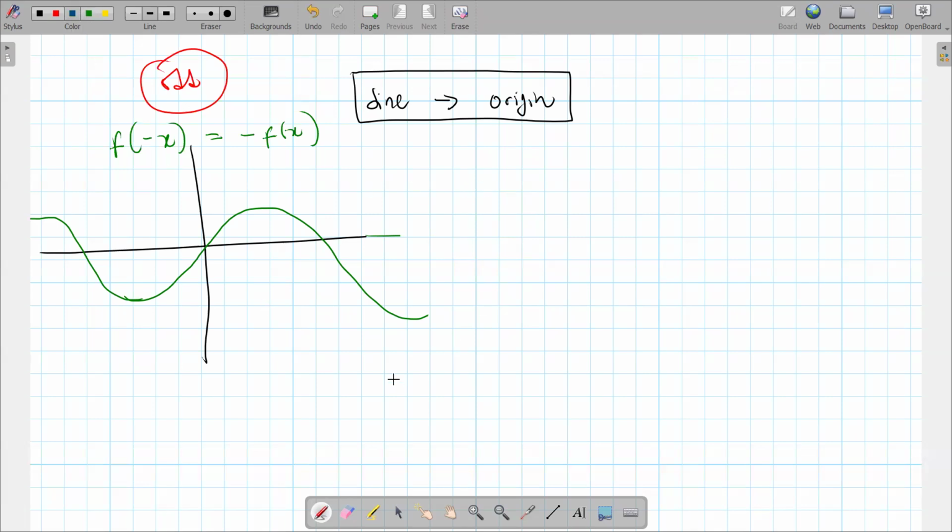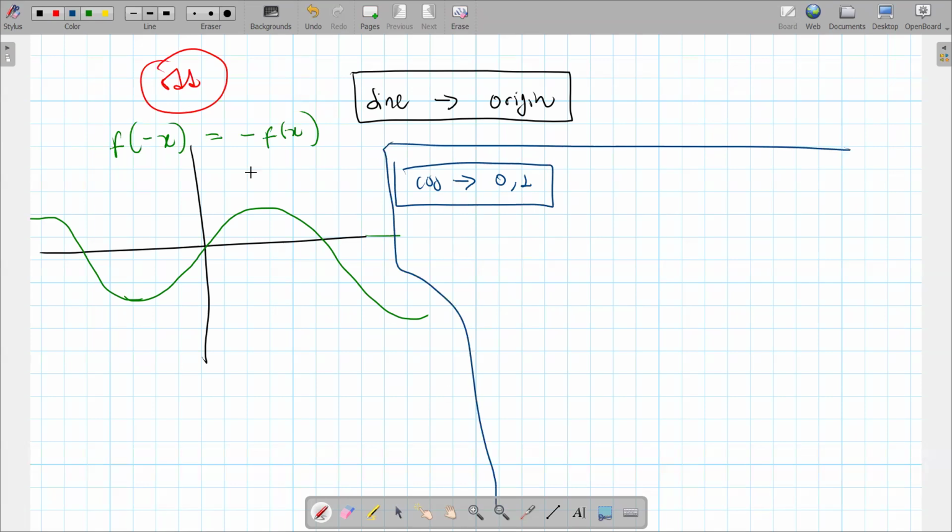Whereas cosine does not go through the origin. Cosine goes through 0, comma 1, just like an exponential function. So the plot of cosine would look something like this. Let me make it straight.